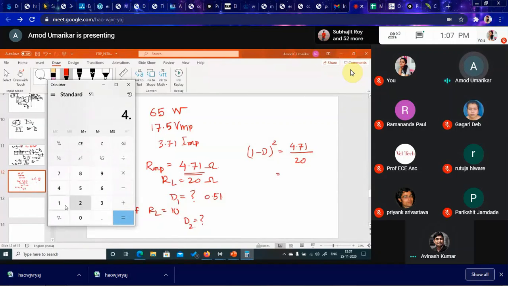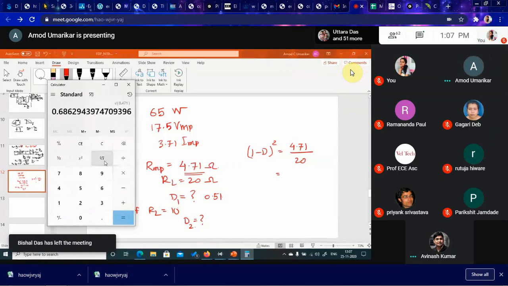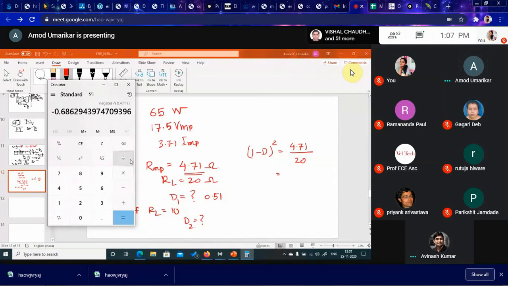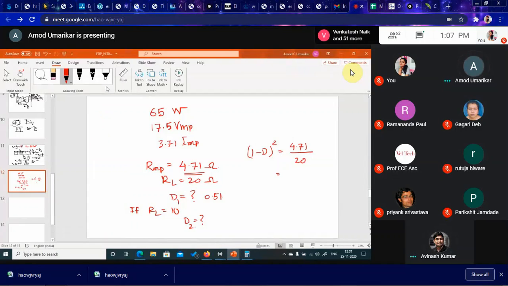So 4.71 upon 10, square root, and then the same steps give around 0.3. Let's check whether this is working.